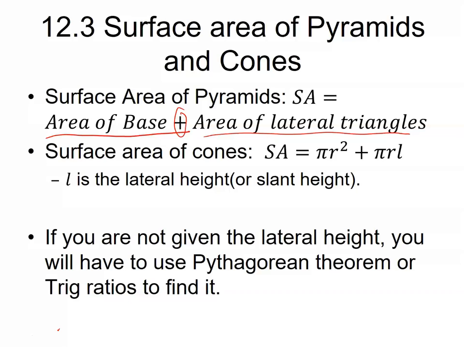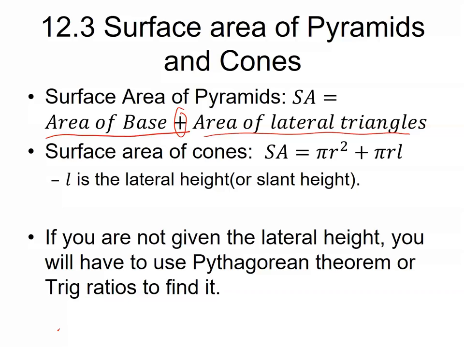Again, think of the Egyptian pyramids for a visual. And just add those two areas together. You just have to make sure that if there's 3 triangles, you find the area of all 3 triangles, not just one of them. Since we're looking at regular pyramids, all 3 of those triangles would be the same size. So you just have to find the area of one and then multiply it by however many triangles there are.